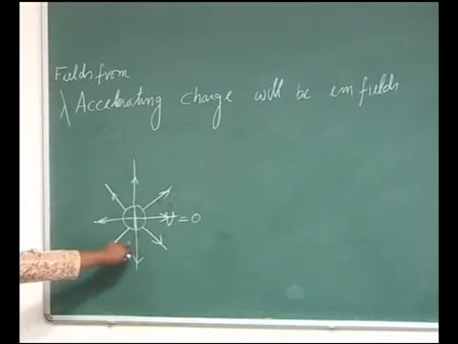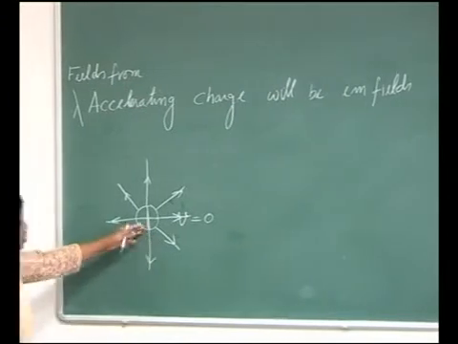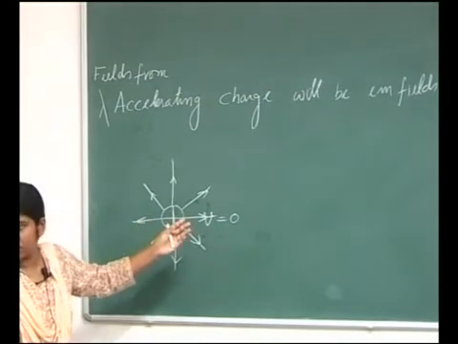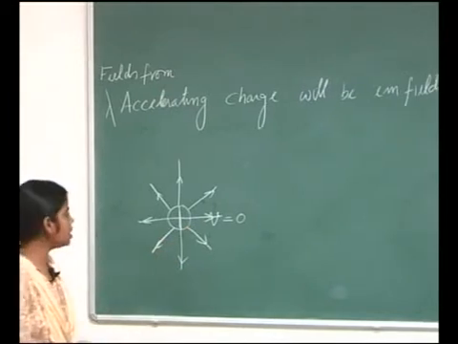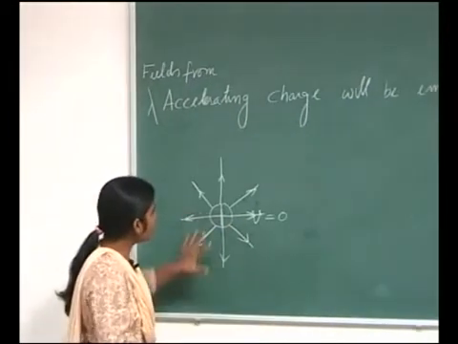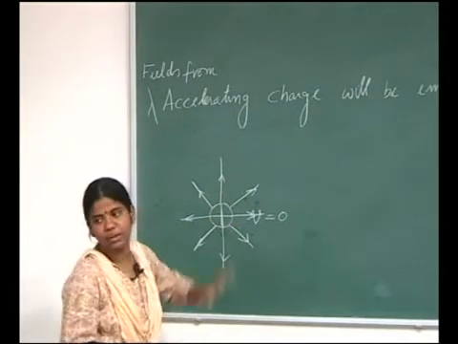And if I give this charge a constant velocity, again acceleration is 0, still there will not be any disturbance in the field pattern.